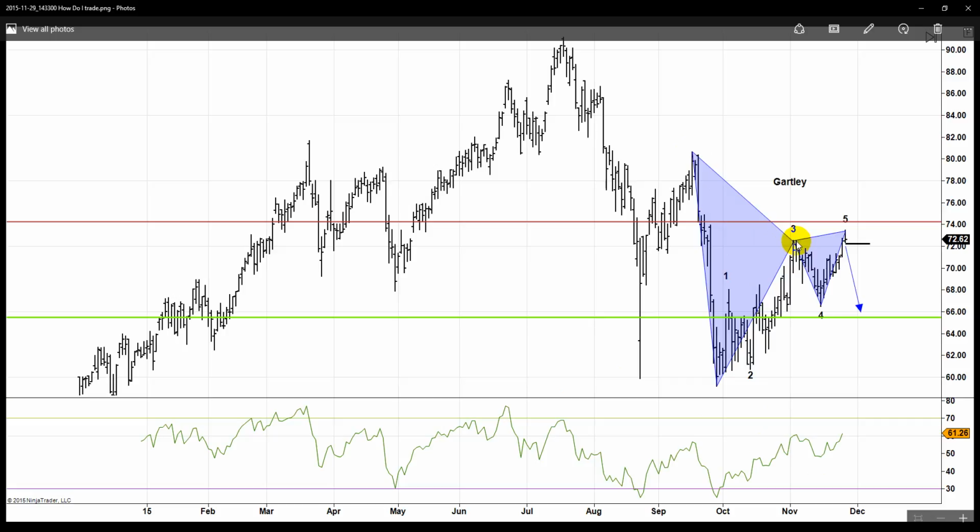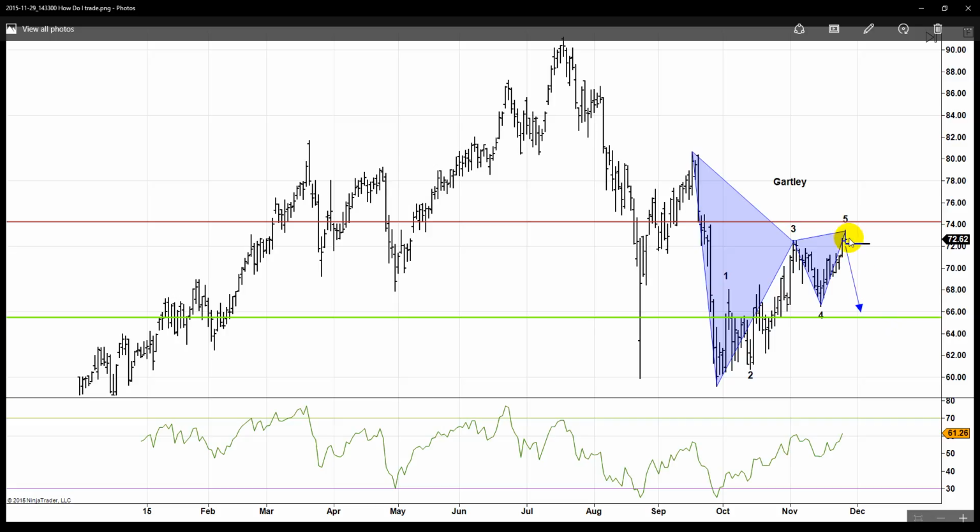Then we have a move up. Then the end of the pattern is the C point over here, which is Friday, and the expectation is for this pattern, as it completes, to move down to this level, which is 65 and some change, 65.50 I think, with a stop loss right above here, which should give you about 5-to-1 risk reward on the specific trade.